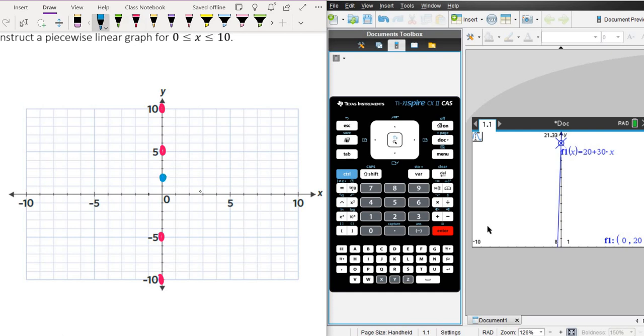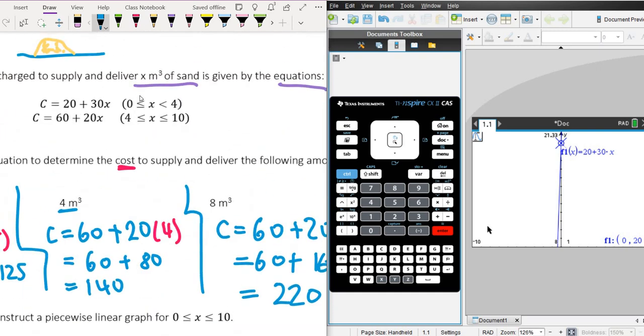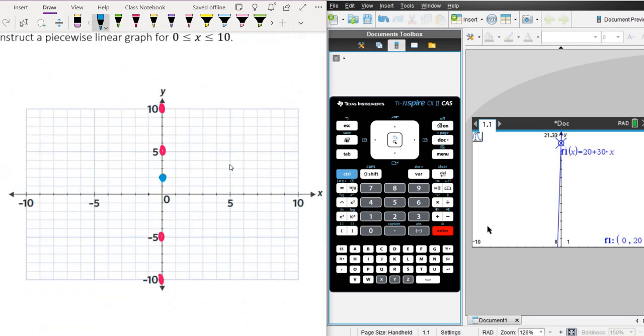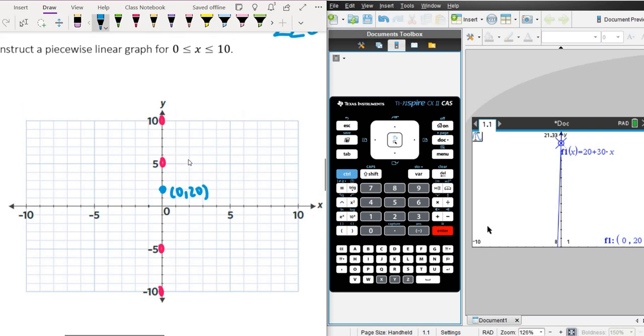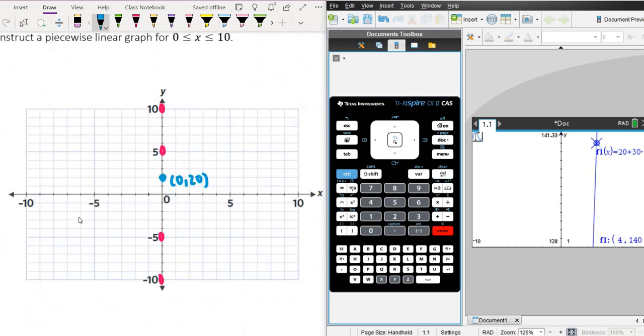So it's right here. And this is going to be a closed circle because we're including this point. And so we should label it 0, 20. And then we're going all the way to 4. So 4 and enter. It's 4 and 140.